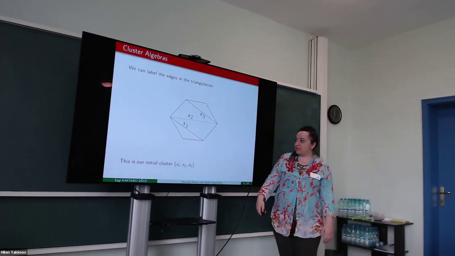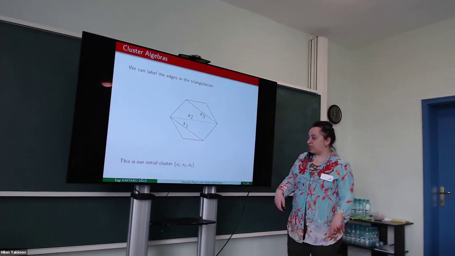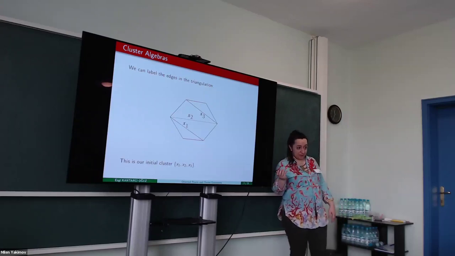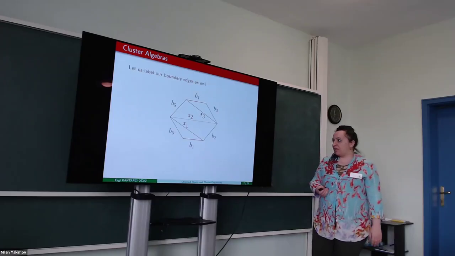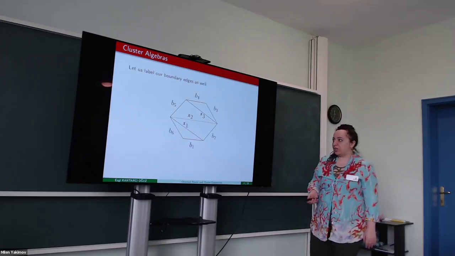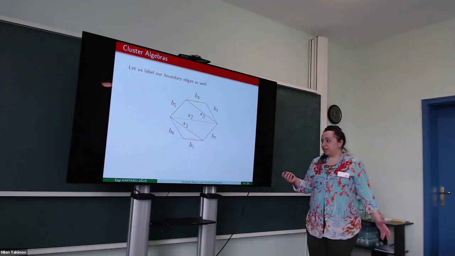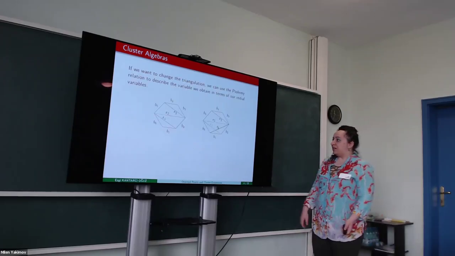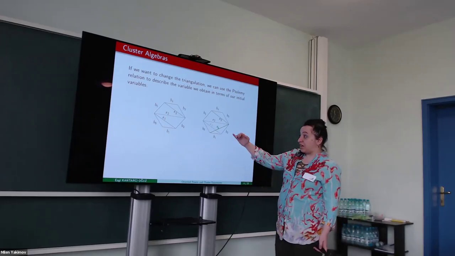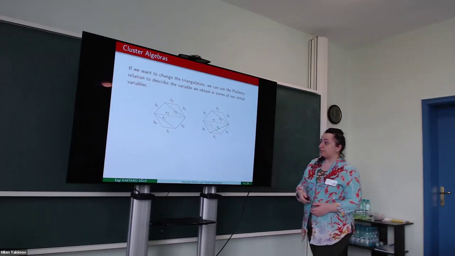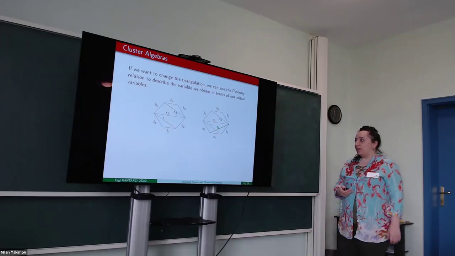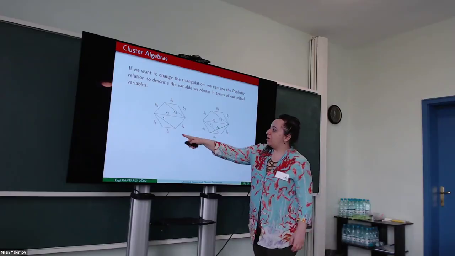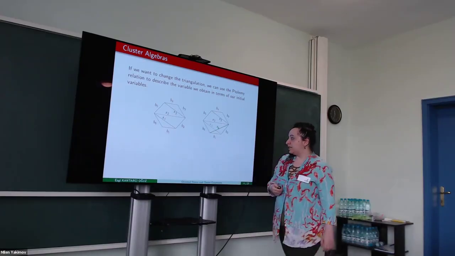And the initial triangulation, just like in the earlier talk, gives us our initial variables. And if we want, we can also name the boundary or just leave them as one. And let's say we want to understand another triangulation. We can try to describe this x4 in terms of our first three variables.